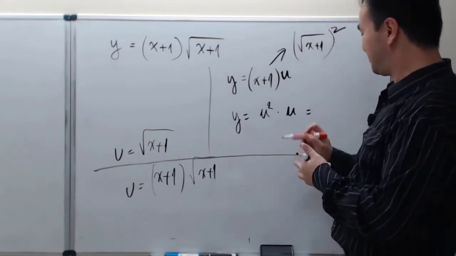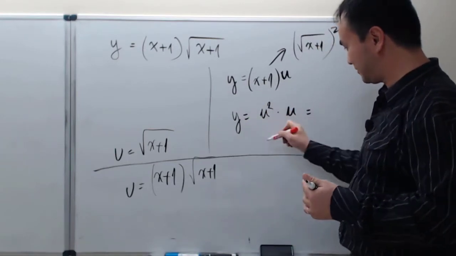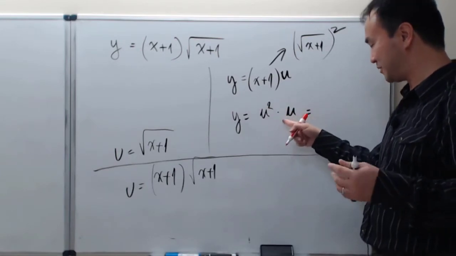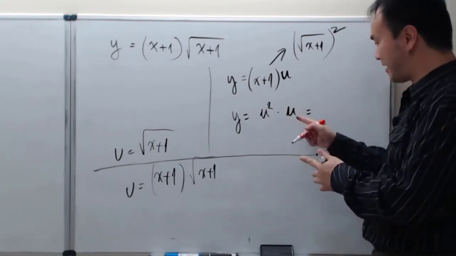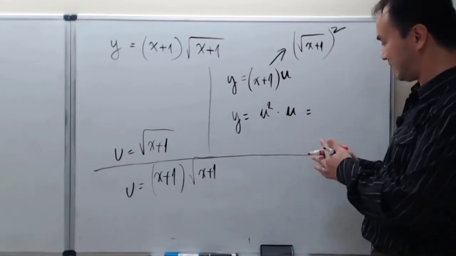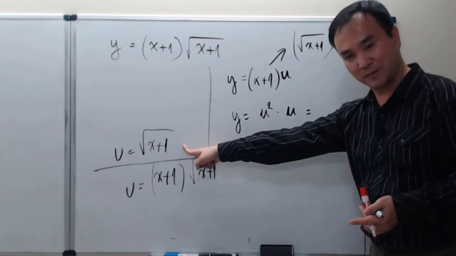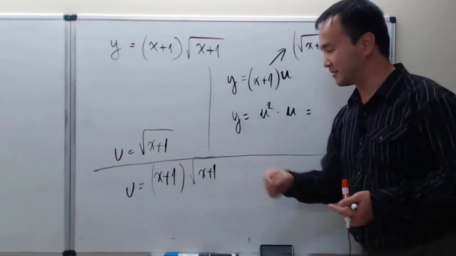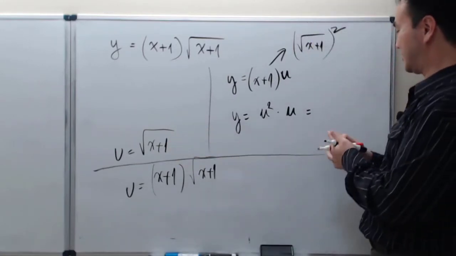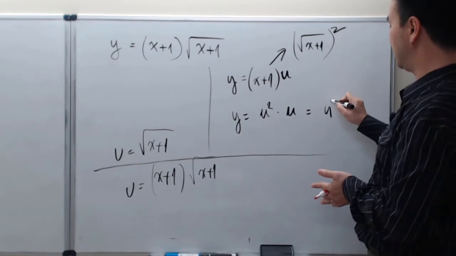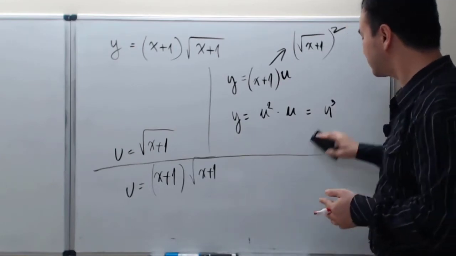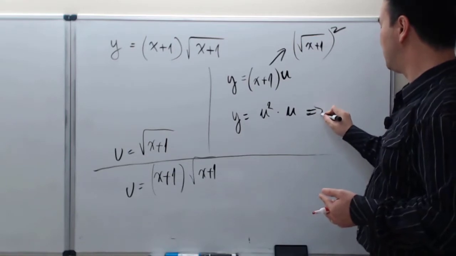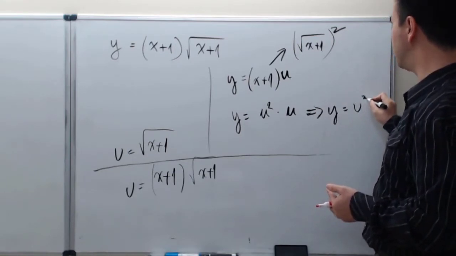Okay, and so for some experienced people with stronger algebra background, who can quickly see things like that, this is also another working inside function. And so this is going to be y equals u cubed.